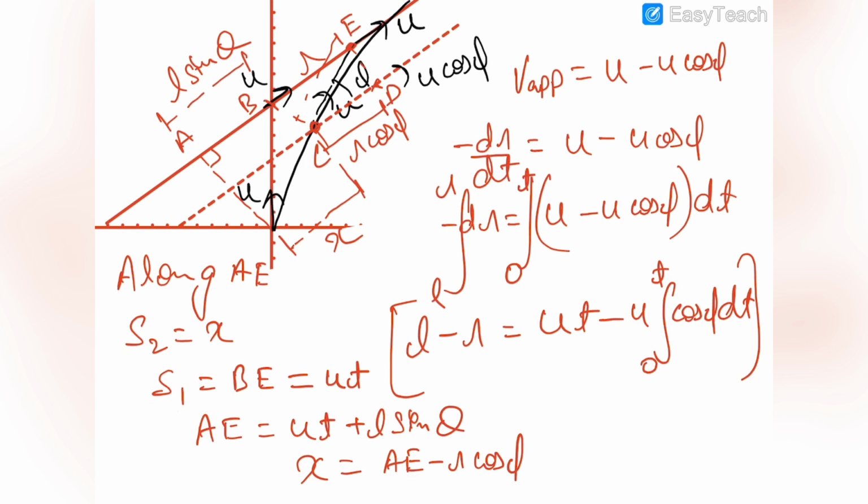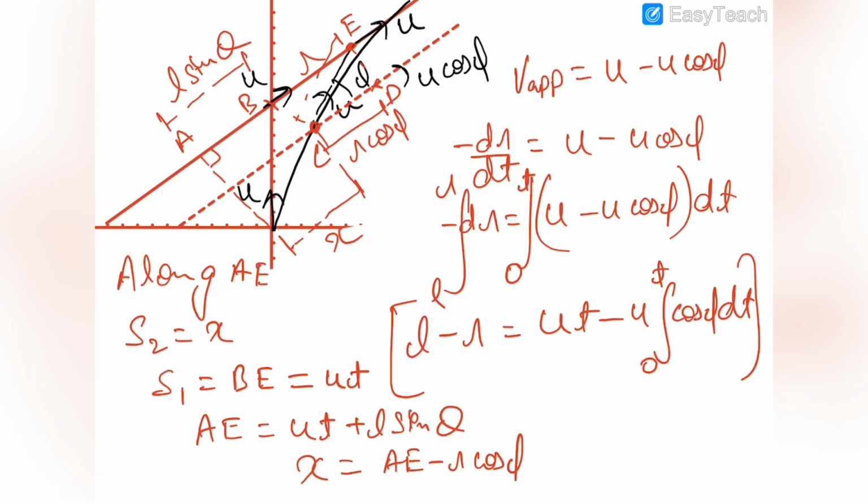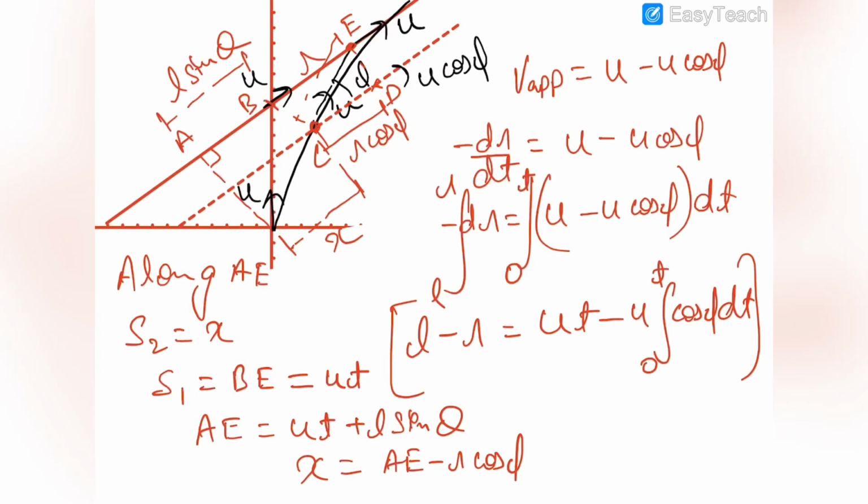Okay, so AE is UT plus L sine theta, and minus R cos phi, is equal to x, which is the distance traveled by this one. Its velocity is U cos phi along this line, and in time t it has traveled a distance of x.